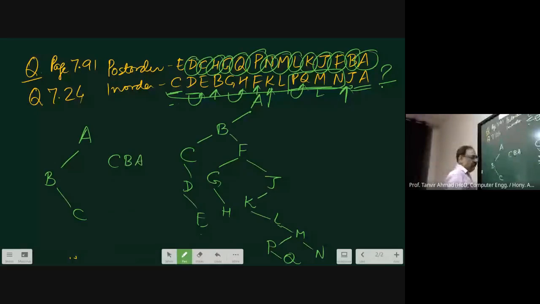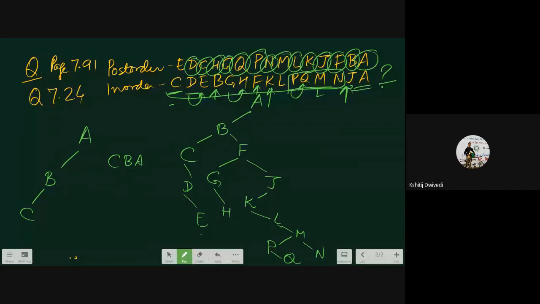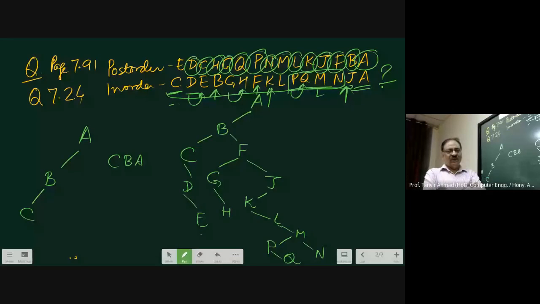Now, what is the post order traversal for this tree? Same, sir. It means that it doesn't make a difference whether you put C on the left hand side or the right hand side. And therefore, with a single traversal, you cannot do this. If you get a single traversal, you can generate a lot of trees which are correct.